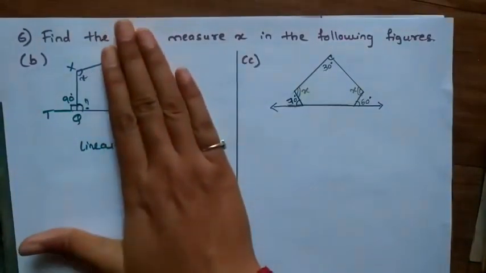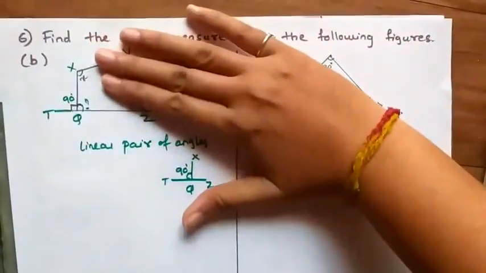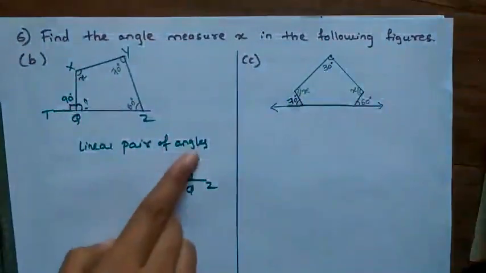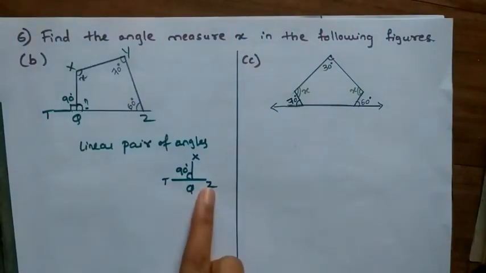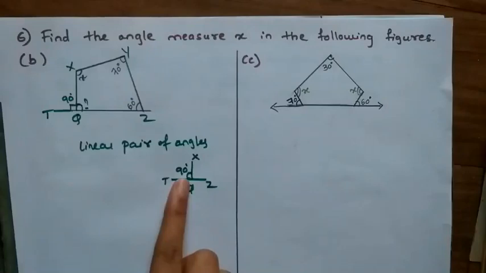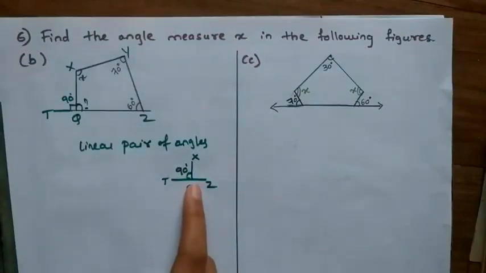X to Q, T to Z, one side of the angle value is 90 degrees. This type of figure is said to be a linear pair angle.